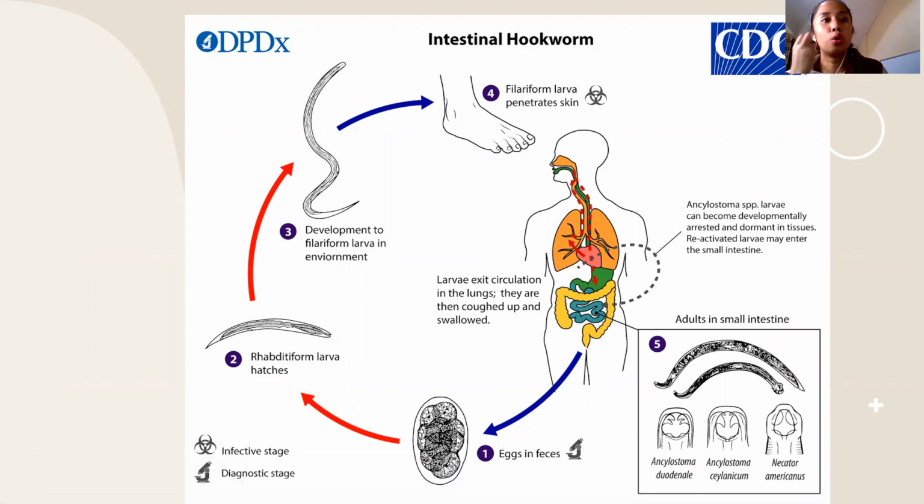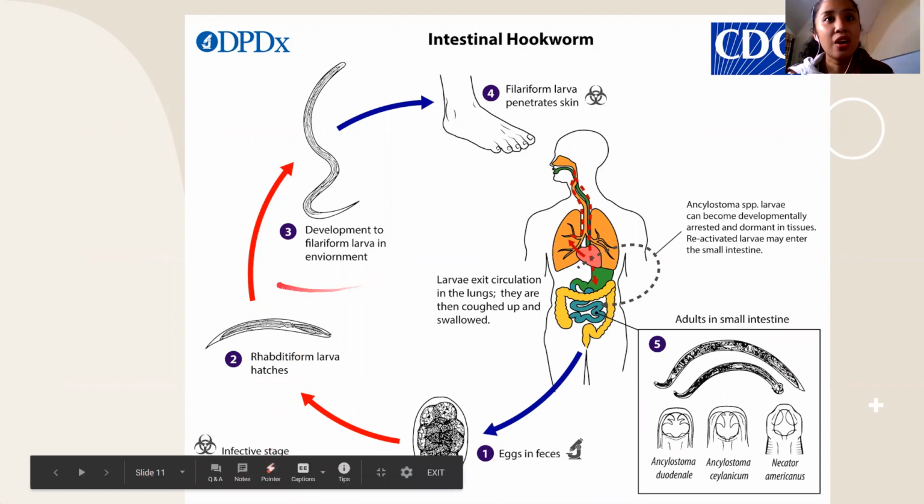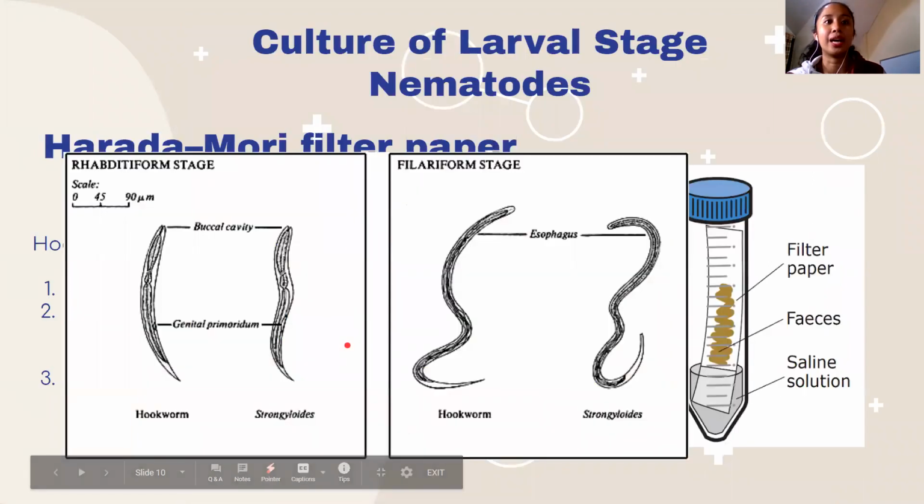Yan. So, hookworm and Strongyloides stercoralis both have filariform larva and rhabditiform larva. Ang hookworm at Strongyloides class, ang mahirap i-distinguish sa kanila ay yung mga rhabditiform stage larva and filariform. Okay?